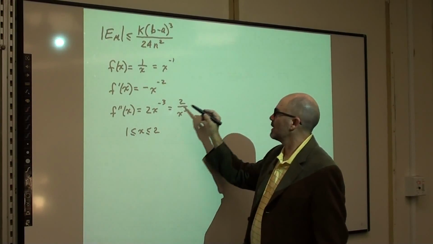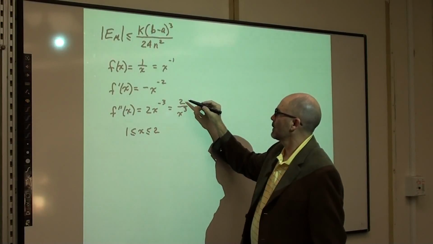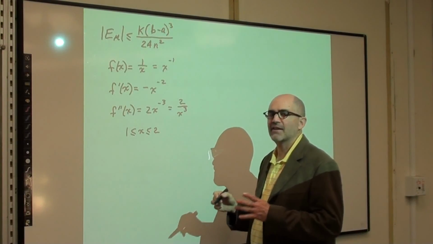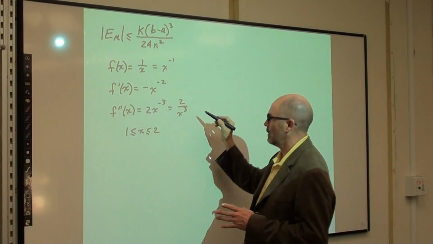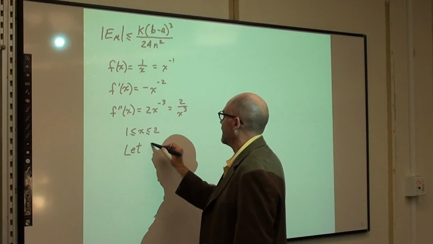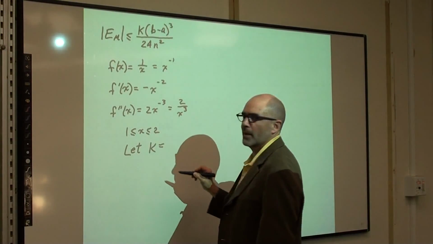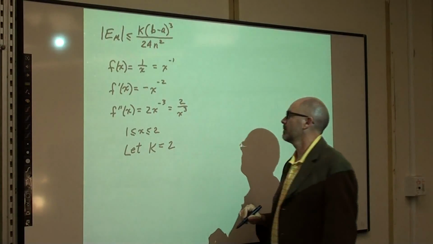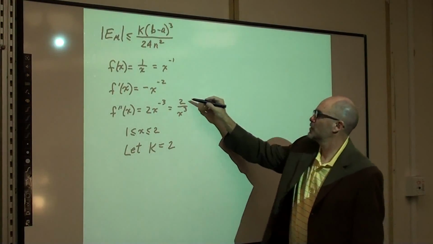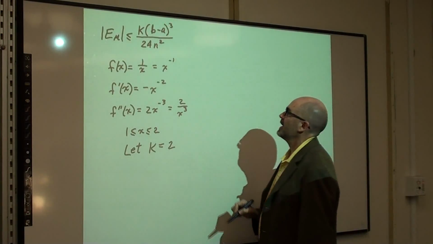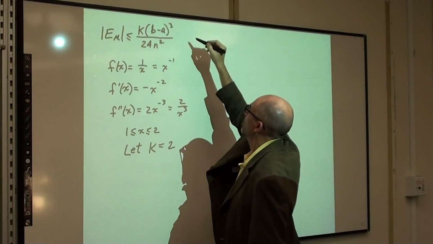If we let x equal 1, then it equals 2 over 1, which equals 2. Now, we want the largest k value possible. So we're going to let k equal 2, because 2 over 1 cubed. All right, so we're letting k equal 2.